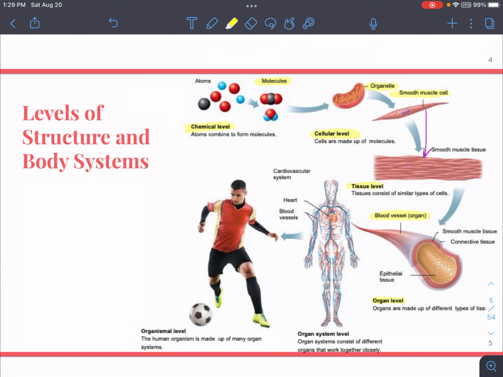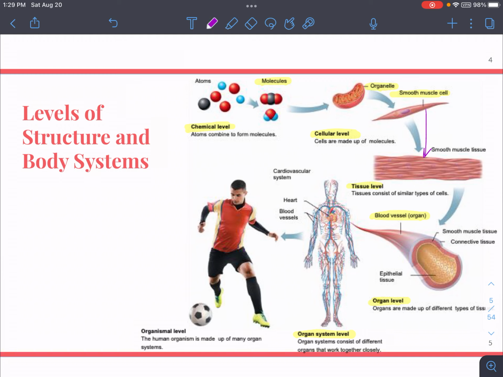And this is at the organ level because your blood vessels are part of the cardiovascular system, which makes up that specific organ. We also have an organ system. Here is a view of the cardiovascular system. It includes your heart. It includes all your arteries and veins in the body.